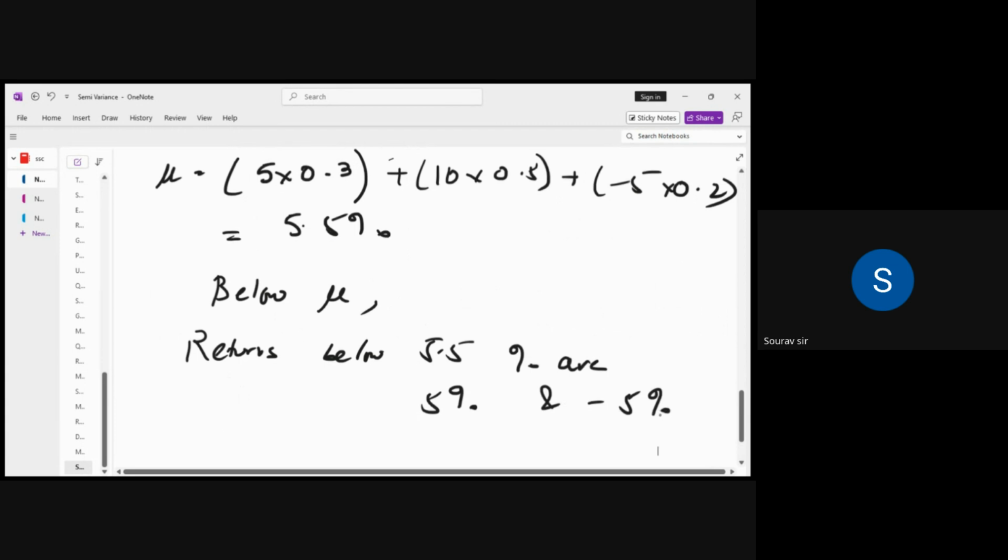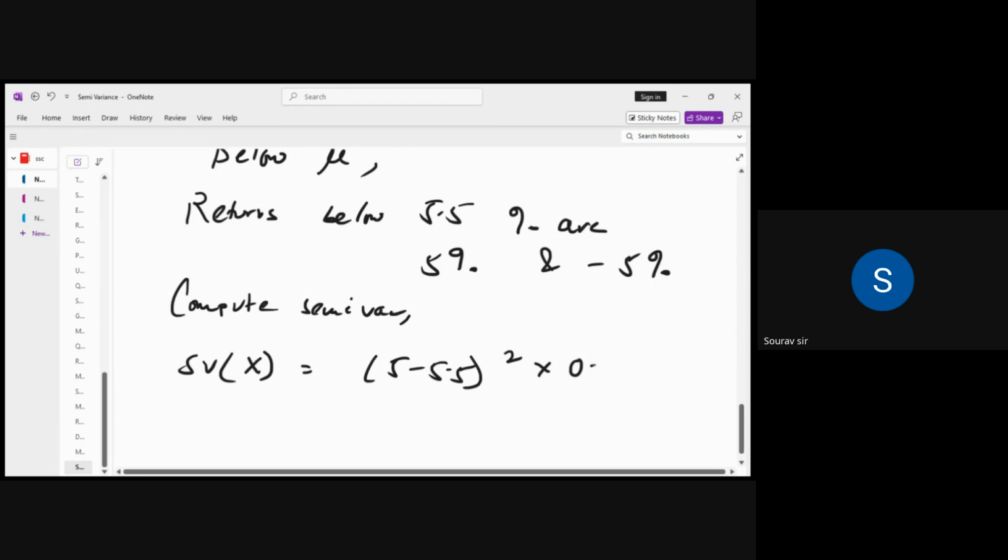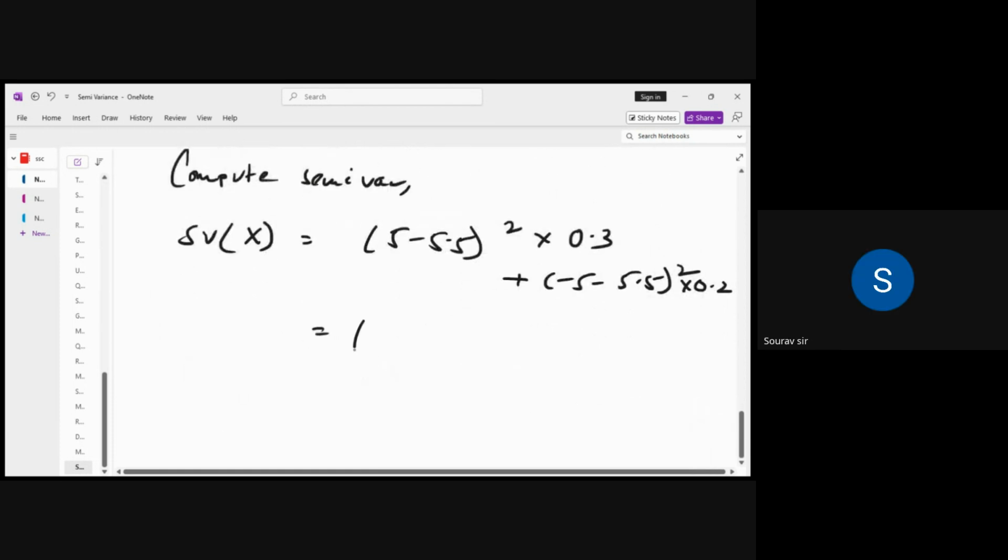Now the computation of semi-variance: SV of X is (5 minus 5.5) squared multiplied by 0.3 plus (minus 5 minus 5.5) squared multiplied by 0.2. So that will be (minus 0.5) squared multiplied by 0.3 plus (minus 10.5) squared multiplied by 0.2.